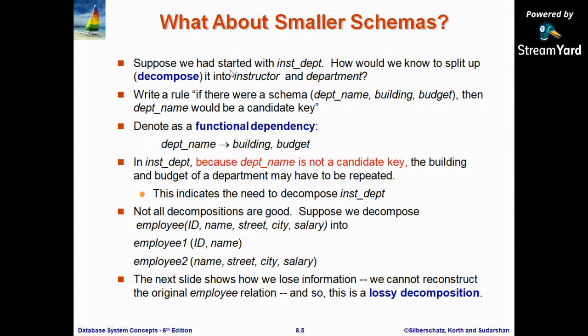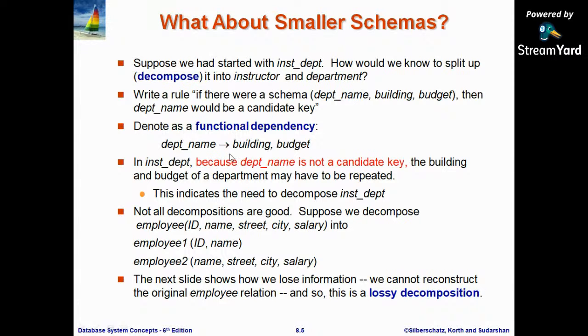Now we have seen in the first slide the instructor department relationship, and it was not a good design. Why was it not a good design? Because department name was not a candidate key for the table, and in this relationship the functional dependency department name determines building and budget holds.